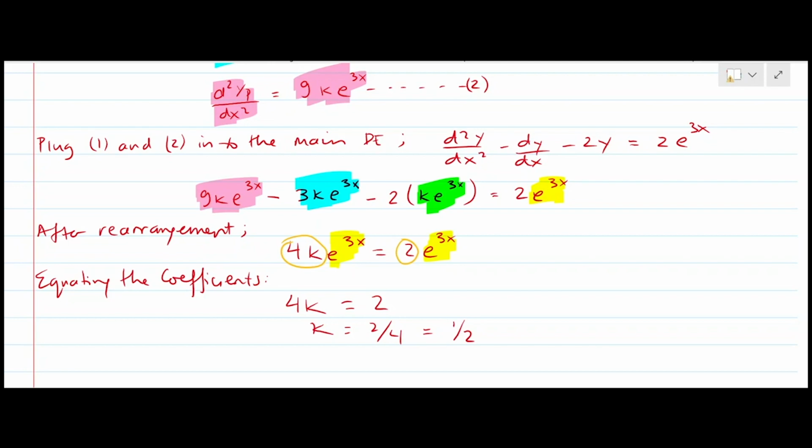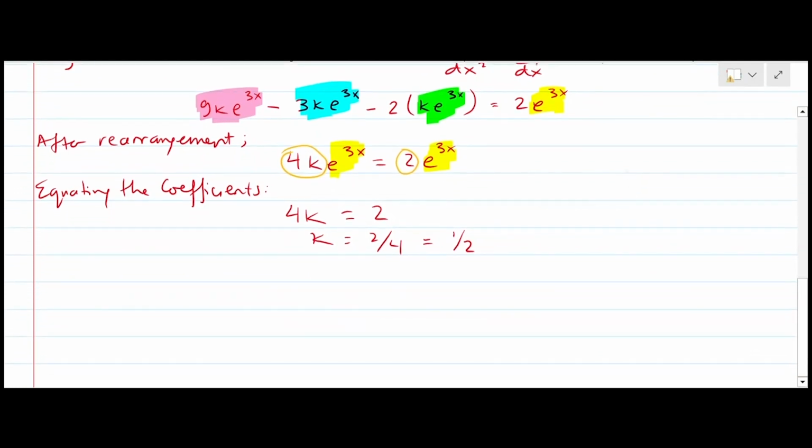Therefore the particular integral yp is half times e to the power of 3x. So we've done yp, and we also have the yc part.